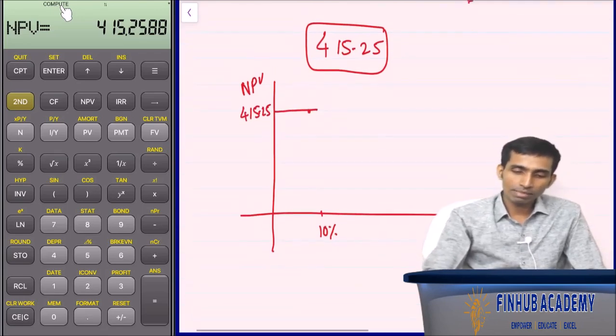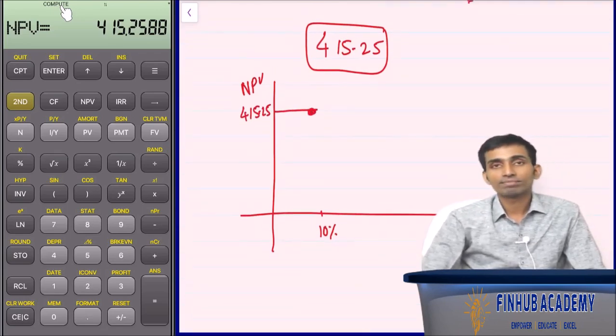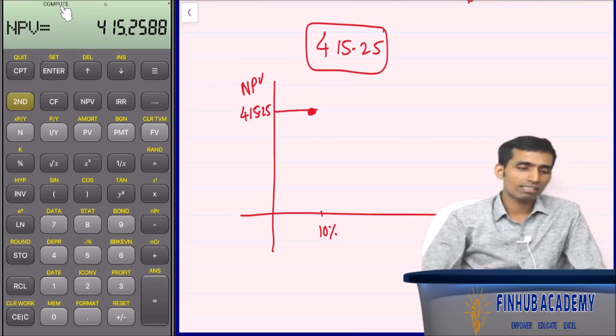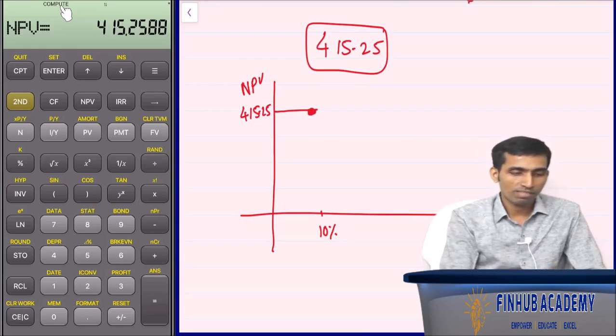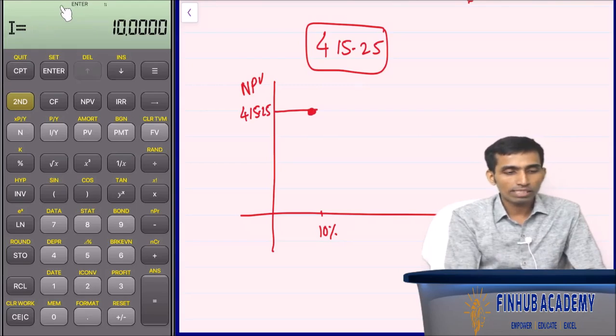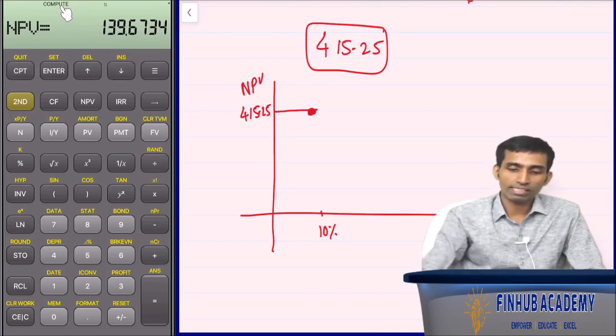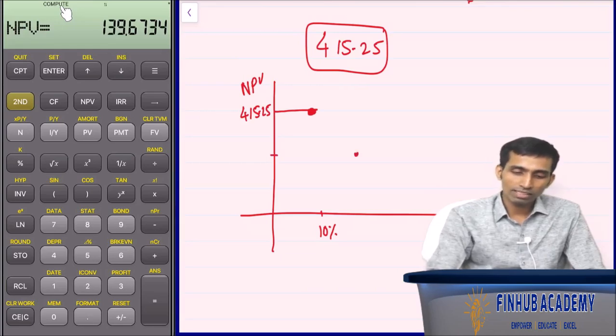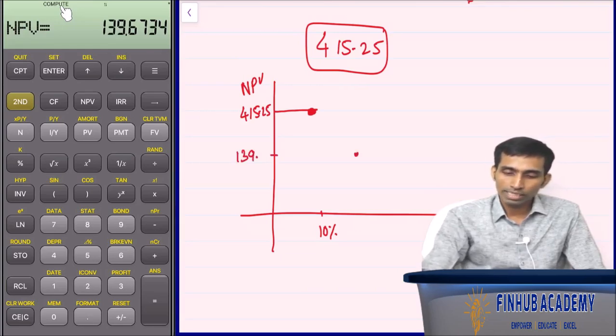So at 10% this is my NPV. Now I'm changing this, going up, let's say 20. I change the interest, enter, down arrow key, NPV, compute. The NPV is 139. At 20% it is 139, somewhere here.